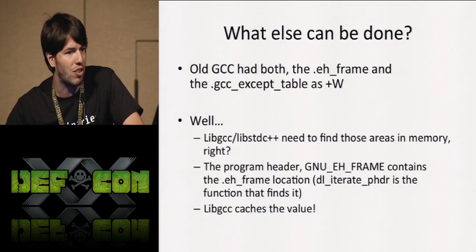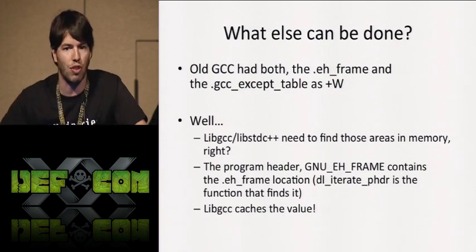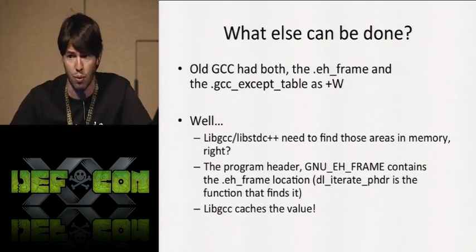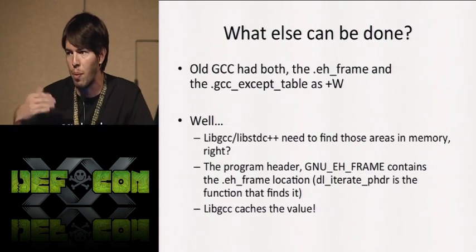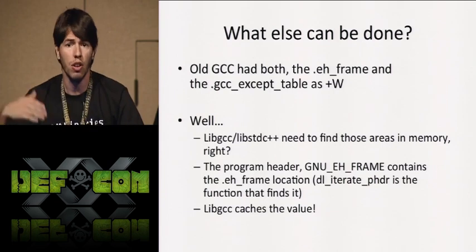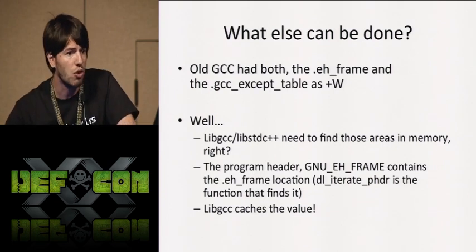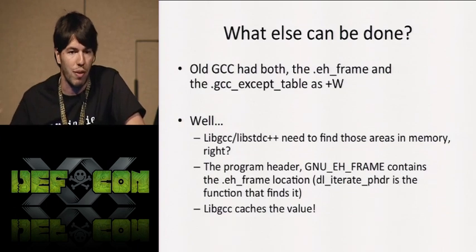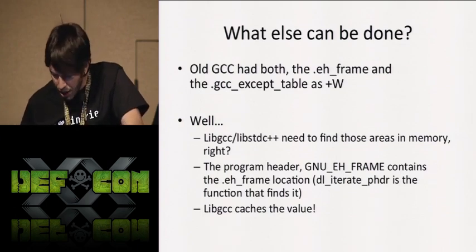If we overwrite this pointer, we can actually point it to a location in memory that we control, which means that we can point the exception handling table and all the exception handling mechanisms to another location in memory. So when an exception is thrown, it will execute with our rules and we win.